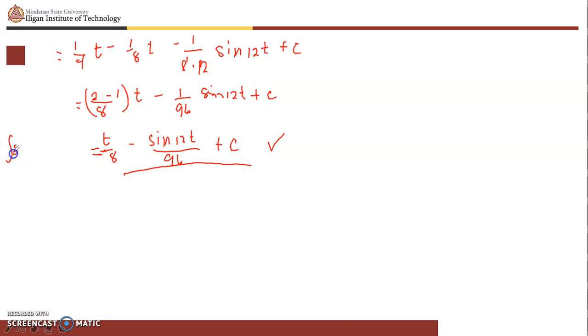Let me write that the integral of sine squared 3t cosine squared of 3t dt is equal to t over 8 minus sine 12t over 96 plus c. Okay, so that's the answer.